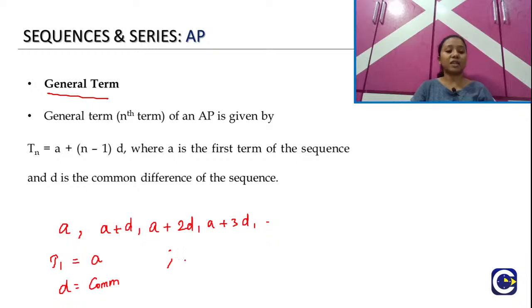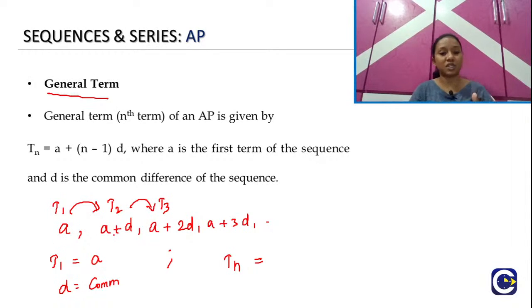And what about the nth term? We know this is our first term, that is A, and this is our second term, that is A plus D, and this will be our third term. Then what will be the nth term? If you remember, while discussing the concept of sequences, we determined the rule as well as the formula, so that will be applicable now.